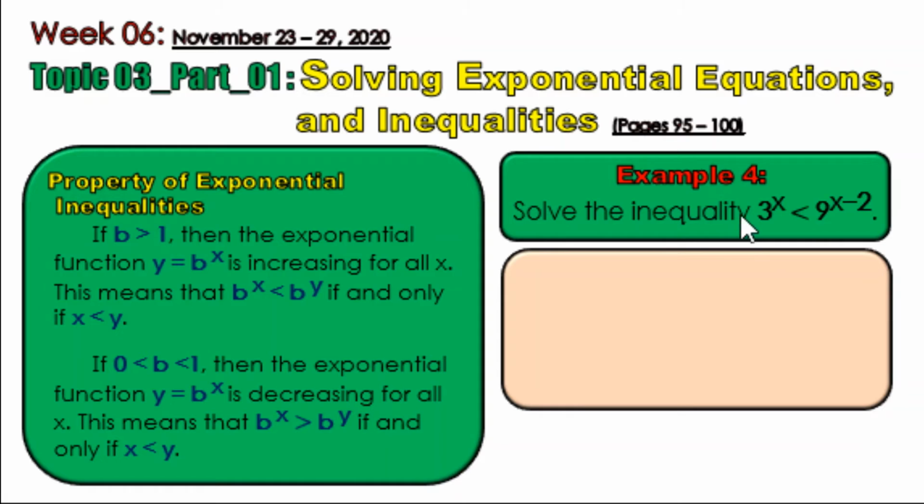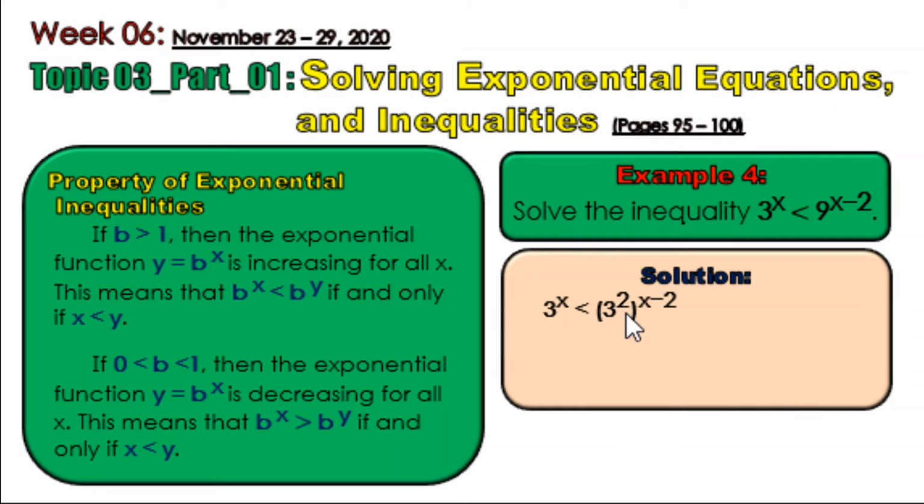Solve the inequality 3 raised to x is less than 9 raised to x minus 2. So for the solution, our target is still to make our bases equal. The bases are 3 and 9. We can express 9 as 3 squared.